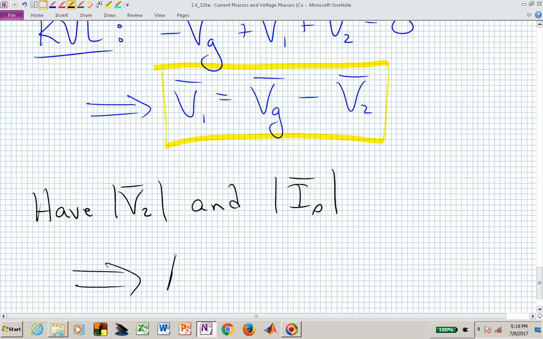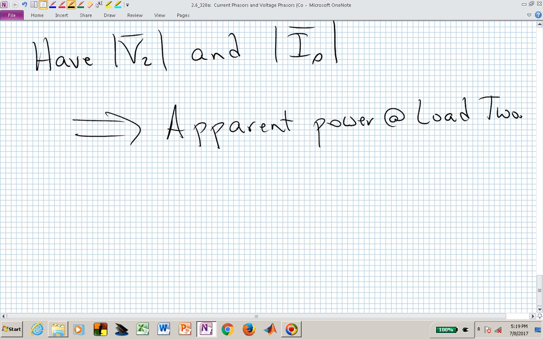So that says that I now have the apparent power at load 2. So now I just start reminding myself of what I have. I know that the complex power of load 2 satisfies V2 as a phasor times I sub 2 complex conjugate.